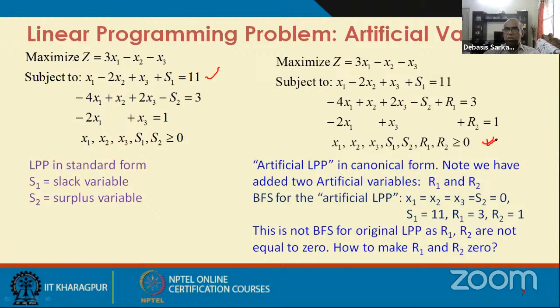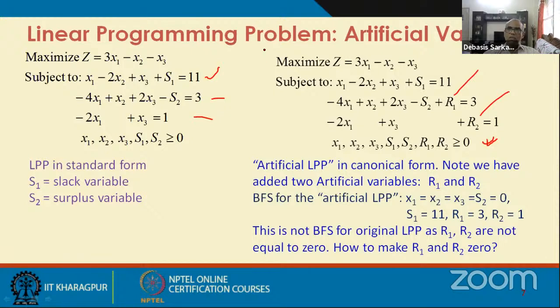So that becomes a feasible solution in terms of s1. But constraint number 2 and constraint number 3 require 2 artificial variables. So for constraint number 2, we introduce artificial variable R1, and for constraint 3, we introduce artificial variable R2.